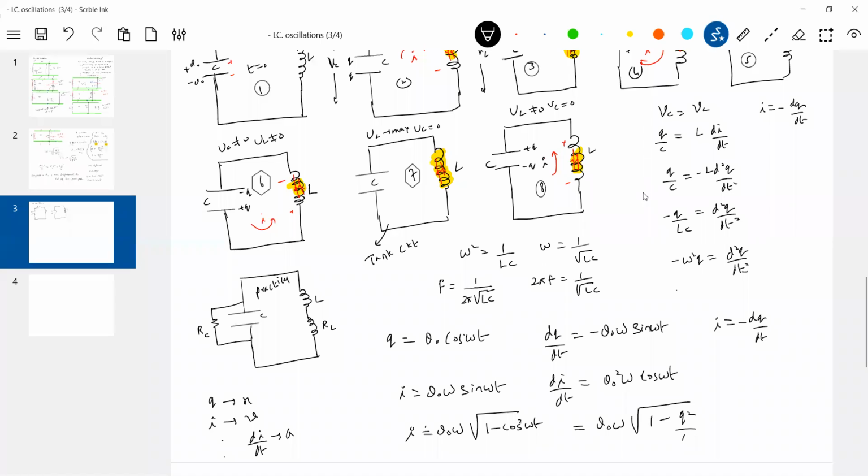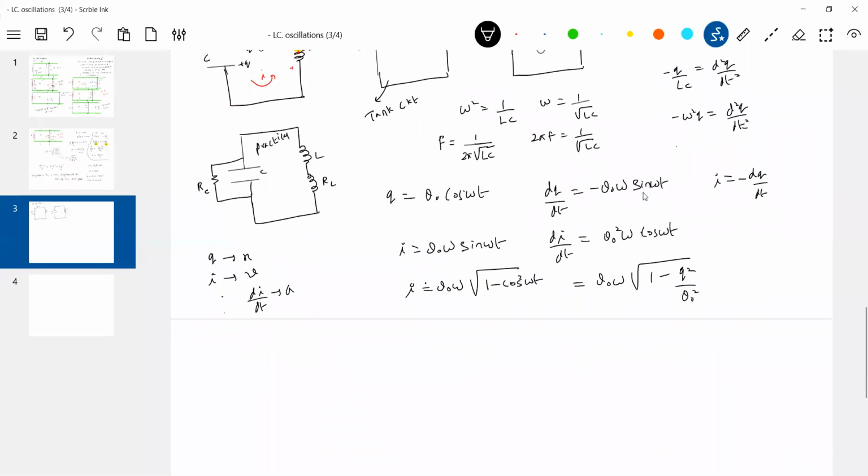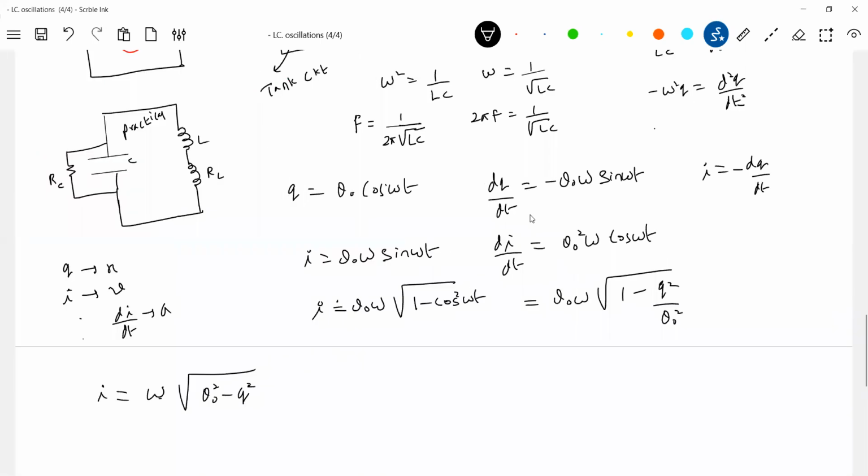Similar to the SHM equation, V equal to omega root of a square minus x square. So that Q naught is similar to amplitude. So you have to take maximum help of the SHM ideas. So I is equal to omega root of Q naught square minus q square. Then can I conserve energy?